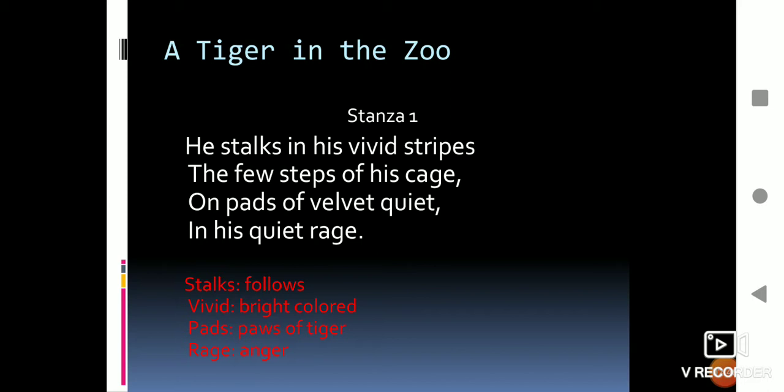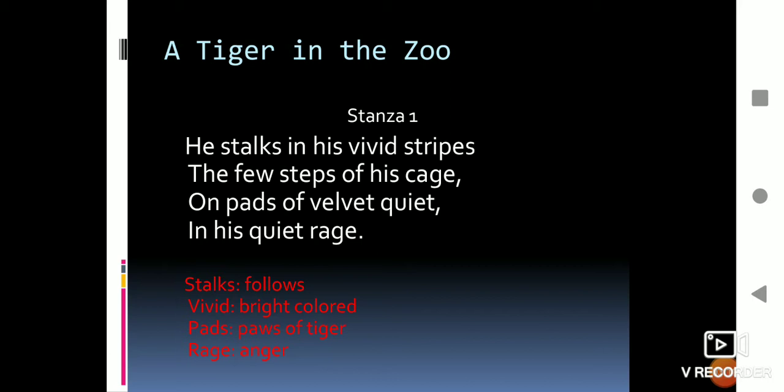The tiger with his bright colored skin is moving around in the few steps of his cage. Naturally in a cage he is restricted, so he cannot walk a longer distance, he can take only a few steps because the cage is small, it is not easy to move in it.